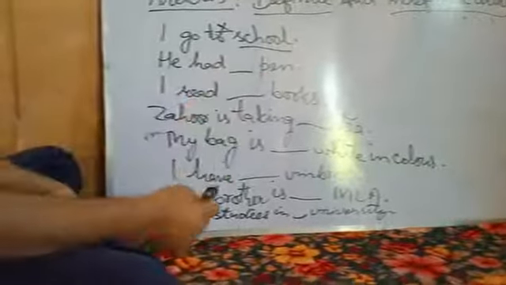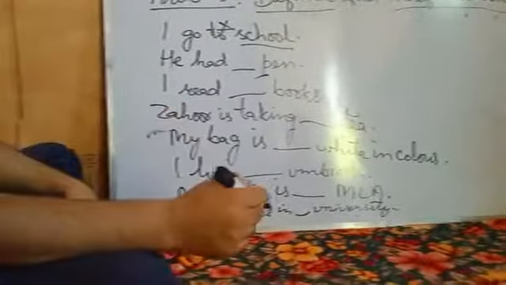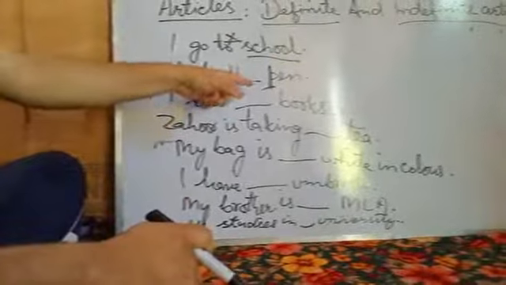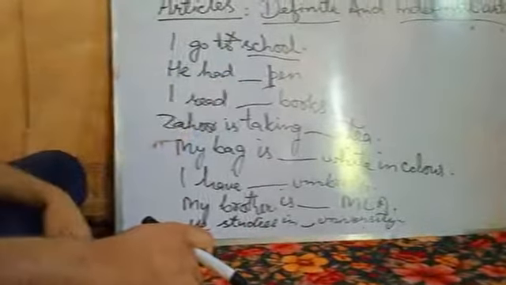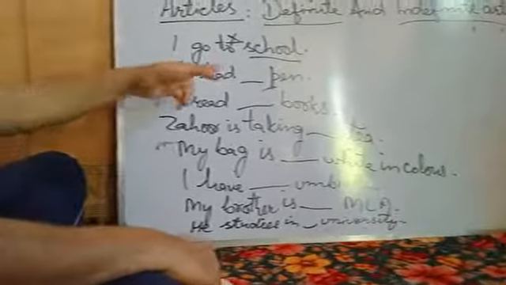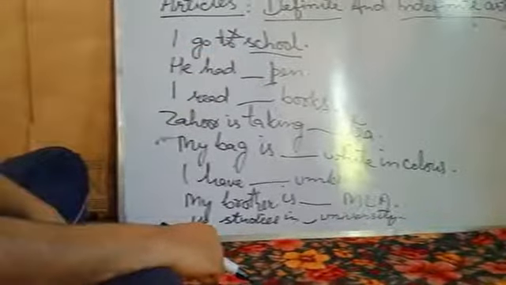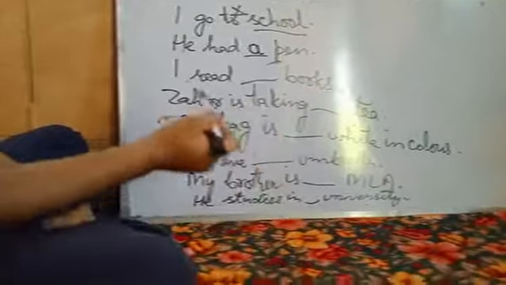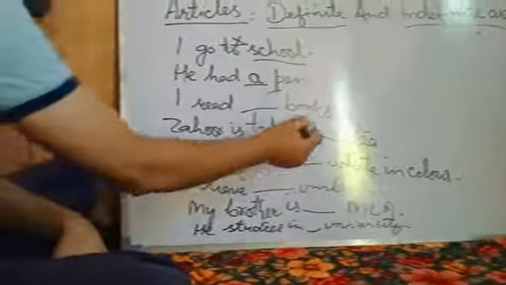He had dash pen. Pen, p. It gives the sound of p. Sorry, p is a consonant in structure, and it also gives the sound of a consonant. Here we have to use a. He had a pen. I read dash books. Books.